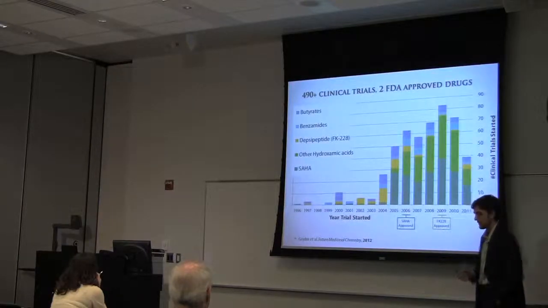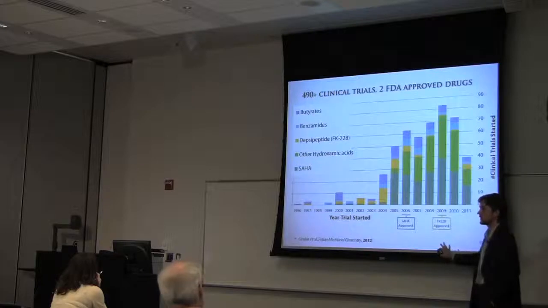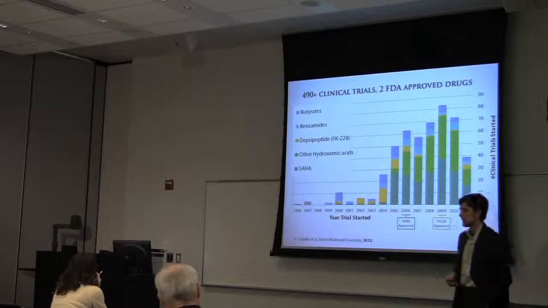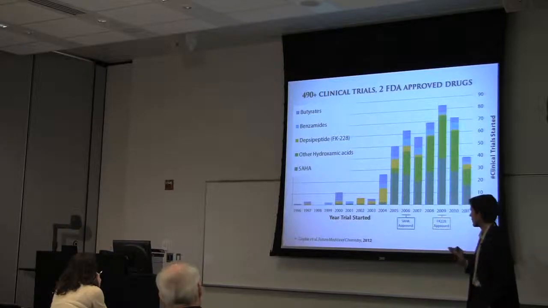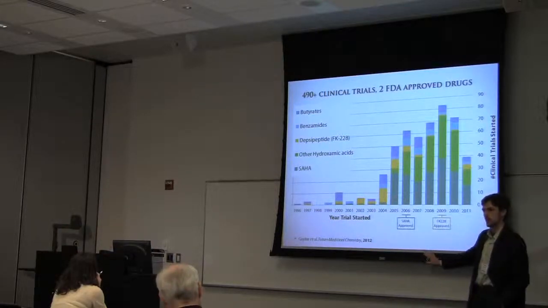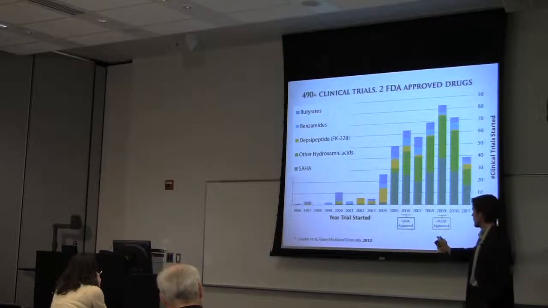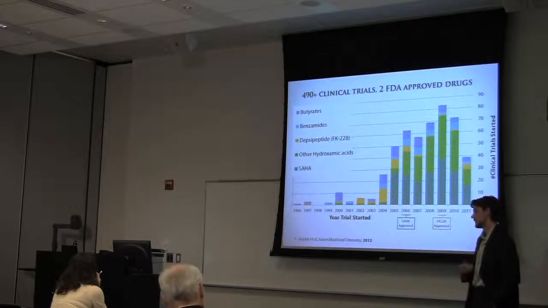So there has obviously been a lot of excitement about this in the clinical world. 500 clinical trials since its inception in the late 90s. And what is startling about this is that many of these trials represent cases in solid tumors. The only two approvals are for drugs that are indicated for cancers of blood.